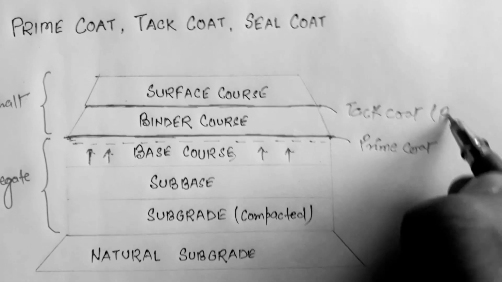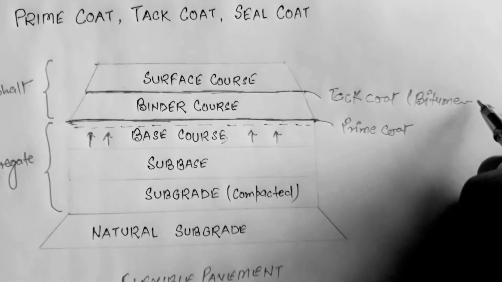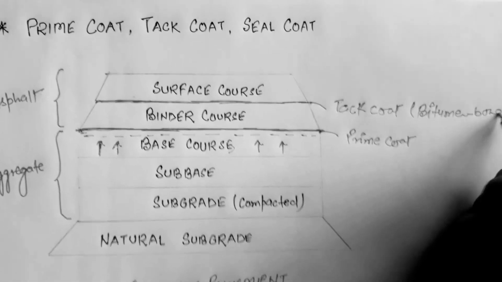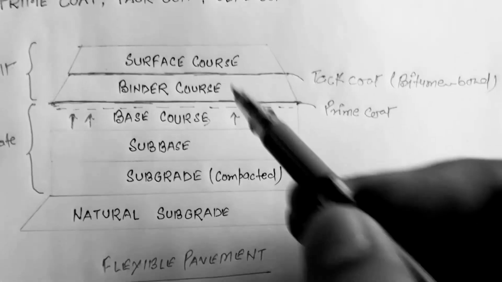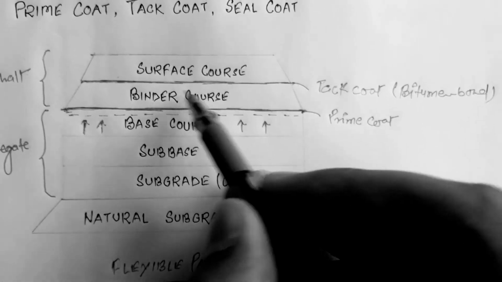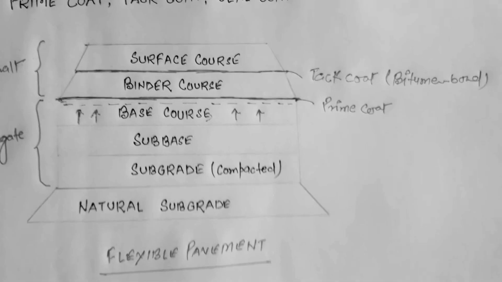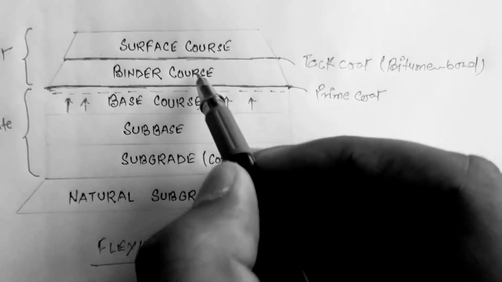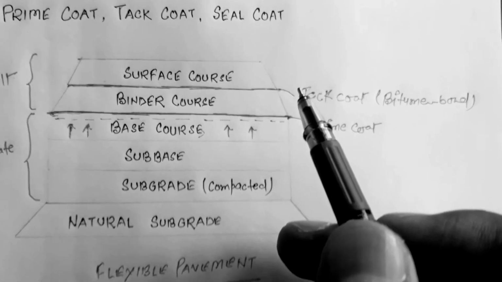It is provided for bitumen bonding. Here we will use a bitumen mixture, a smaller size of bitumen mixture. For bonding between two layers we will use a tack coat. Okay.